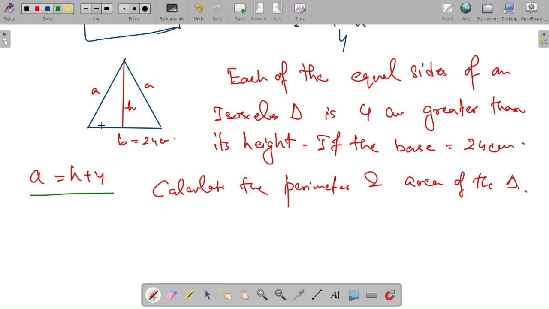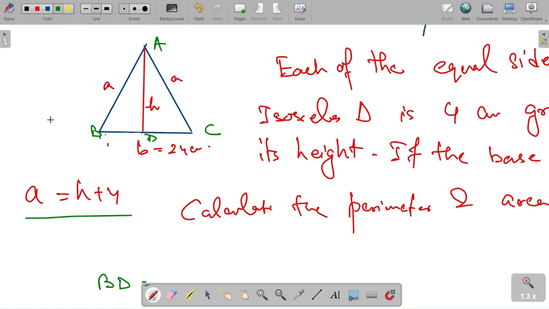So if this is total B, how much is this much? Say this is A, B, C and D. Can you tell me how much is BD, Saptak? And BD is 12.